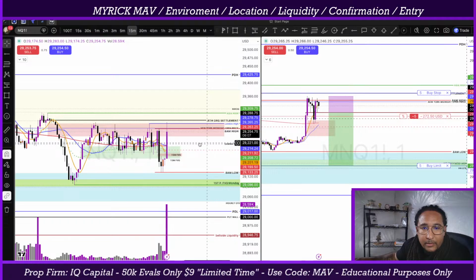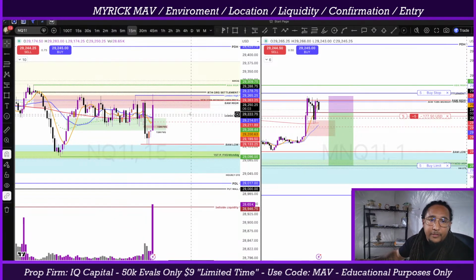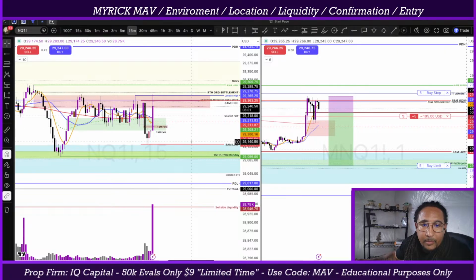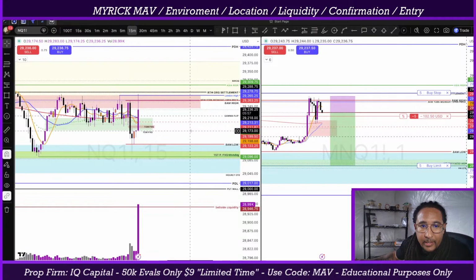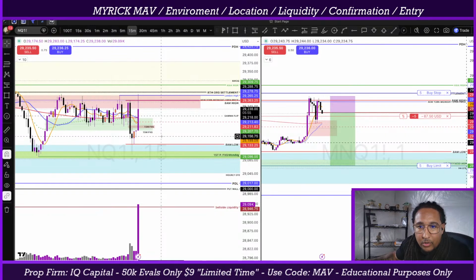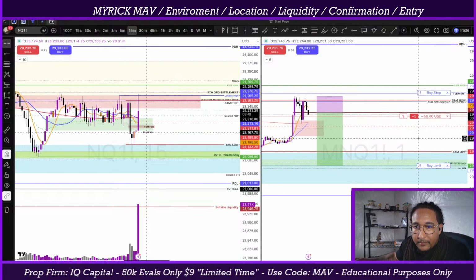I'd like to continue to see that rejection off of this 1 hour inefficiency, and maybe a push down into these lows. Looking at a draw on liquidity being those Asia lows and prior day lows.